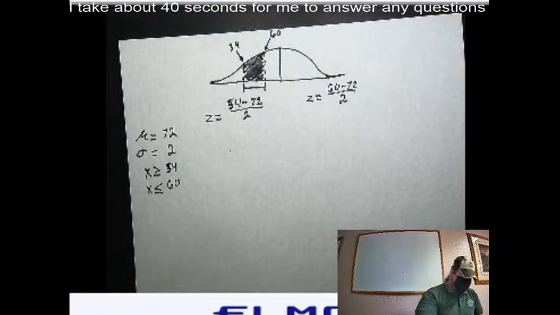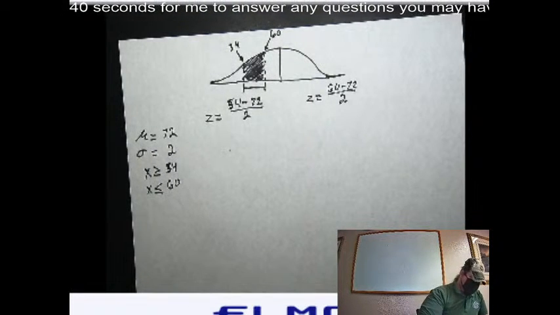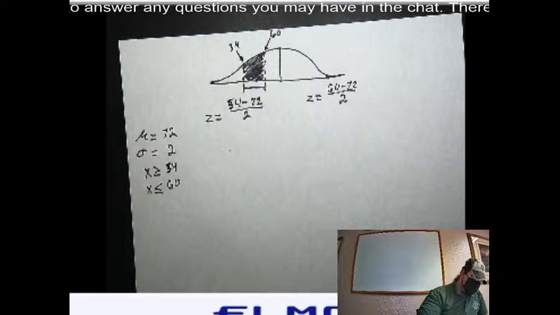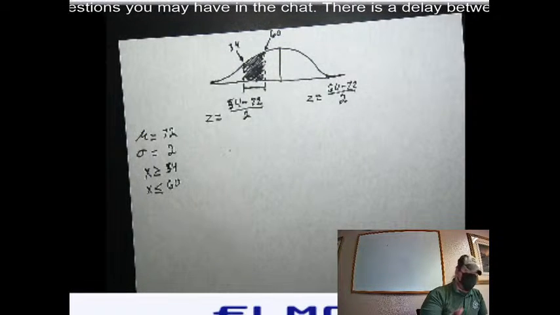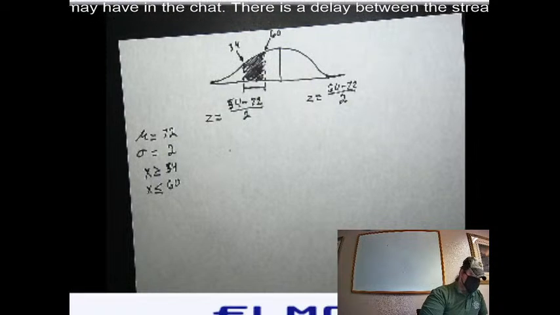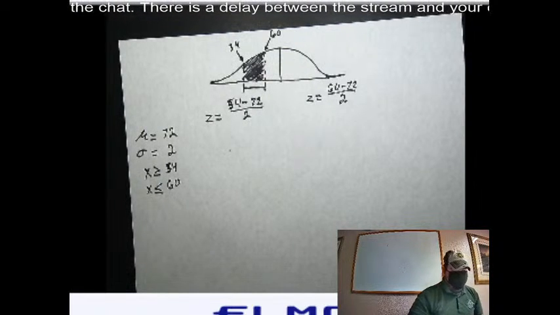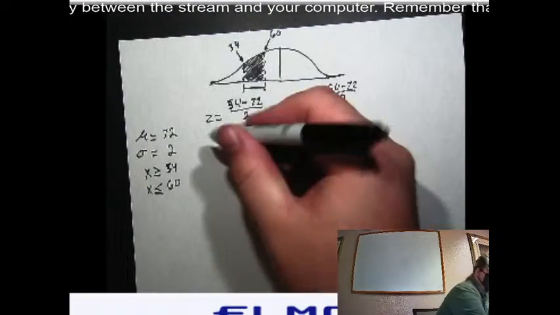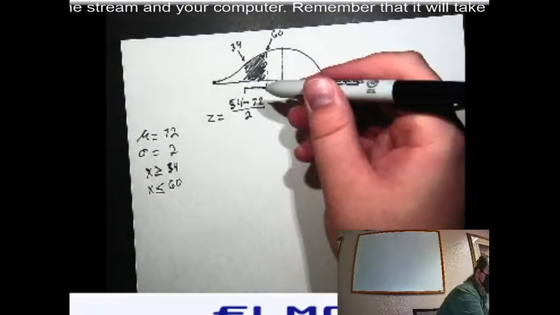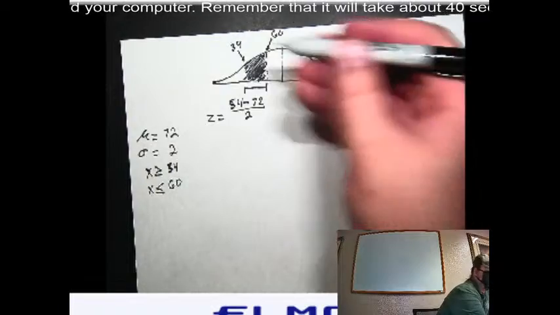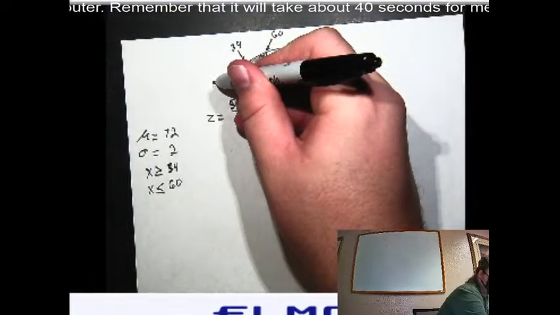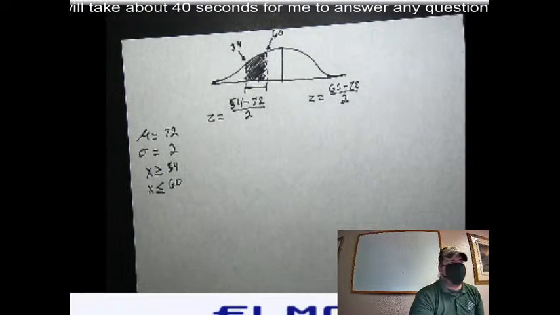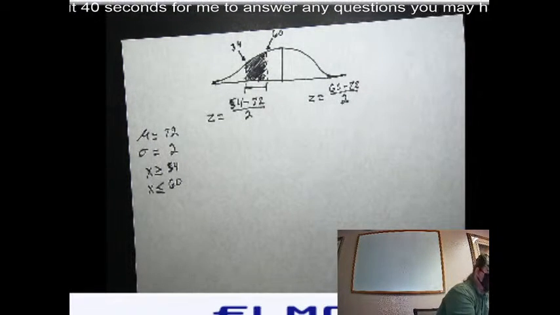Okay, so let's go ahead and calculate these. 54 minus 72 is negative 18, and then divide that by 2, we get negative 9, which unfortunately is actually still way too small. That's like right over here. There's basically 0 data points over there. So let me change this again.